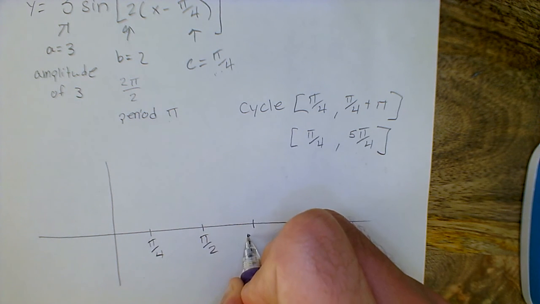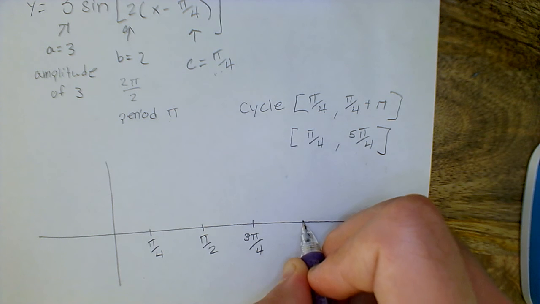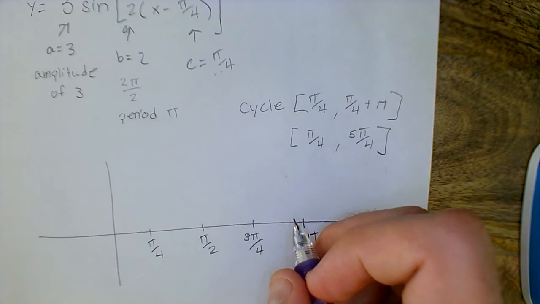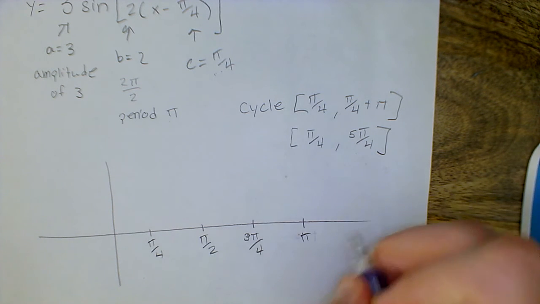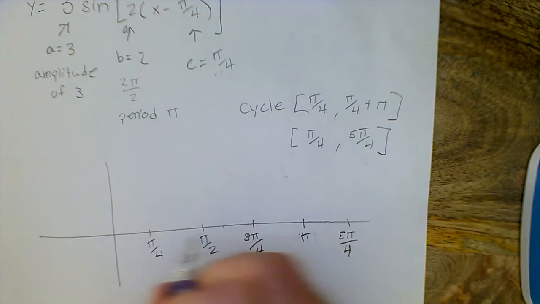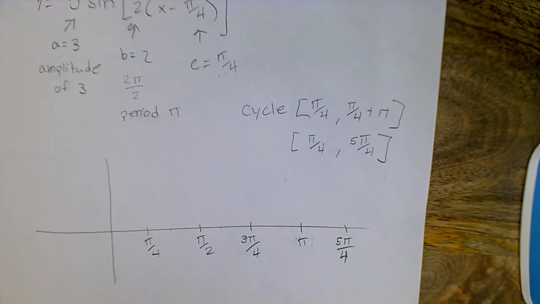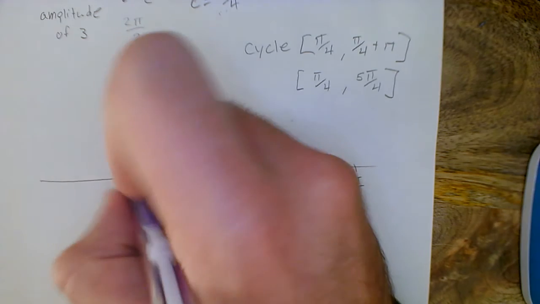So pi over 2, 3 pi over 4, 4 pi over 4 is just pi, and then finally 5 pi over 4. 1, 2, 3, 4, four equal lengths. And these actually are where those 5 points occur.